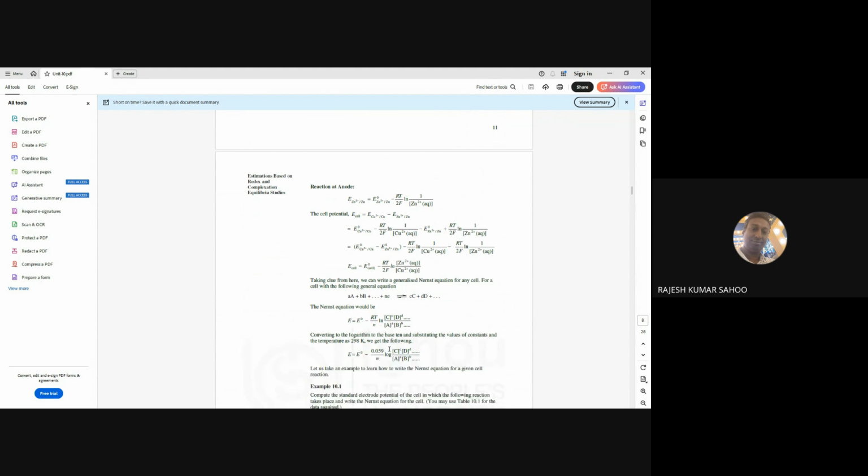You can see it there. aA plus bB plus ne, E is equal to E0 cell minus RT by nF log concentration of C, that is the product concentration, to the power of their terms c and d, over A and B. And here if you put the value of RT by F, it comes to be 0.091 by n.